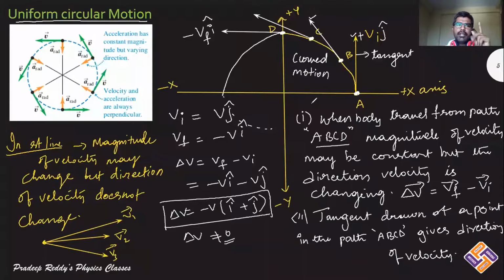That is the difference between uniform circular motion and non-uniform circular motion. In uniform circular motion, magnitude remains constant, direction changes. But in non-uniform circular motion, both change, direction changes as well as magnitude.